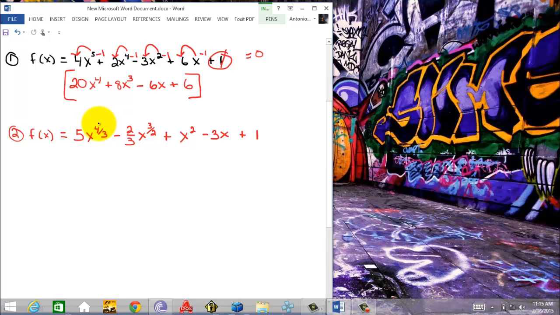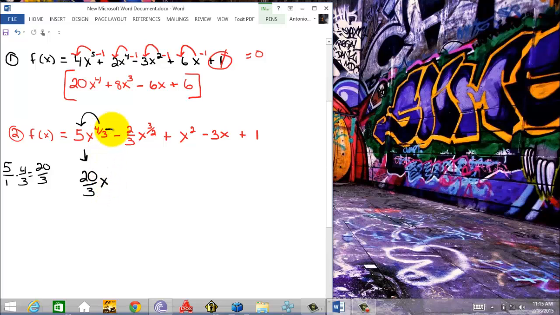I'm going to start with taking this power, 4/3, and multiplying it by the coefficient of x. I'll show my scratch work on the side. I have 5 times 4/3, which is 20/3. So this translates down here to 20/3 x.